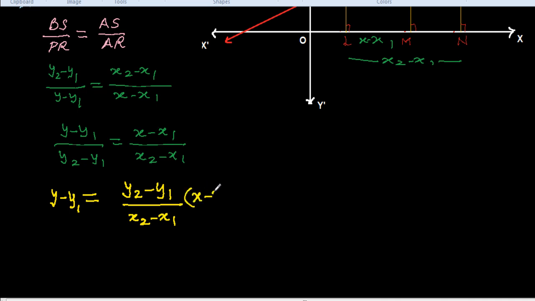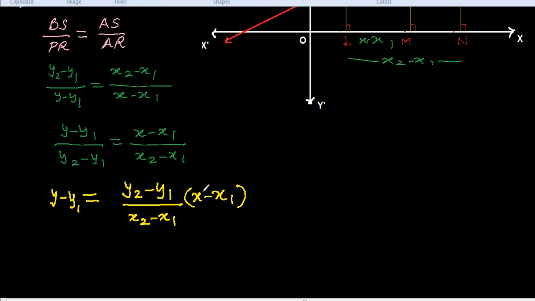So this is the derivation of the two-point form. If the coordinates of two points x1, y1 and x2, y2 are given and you have to find the equation of a straight line, you put them in this formula and easily get the equation.